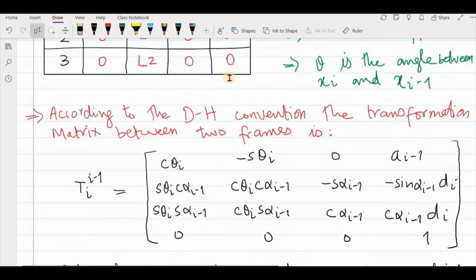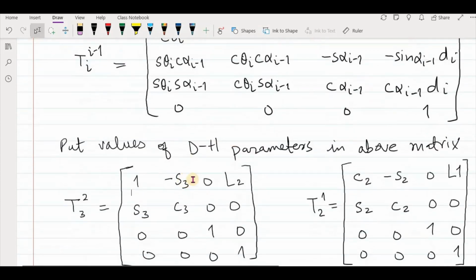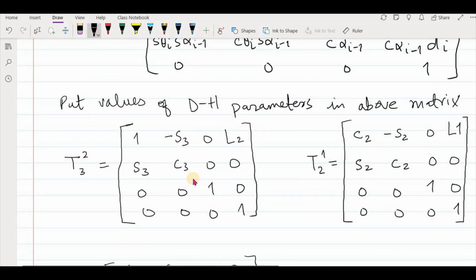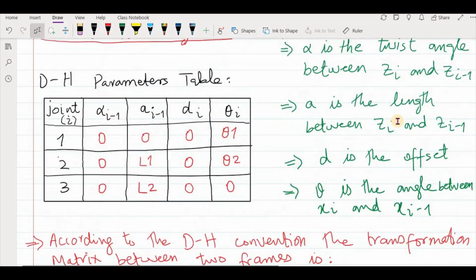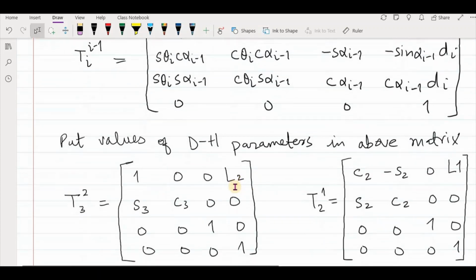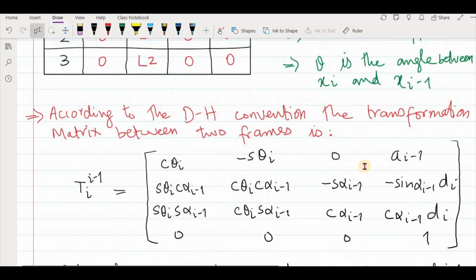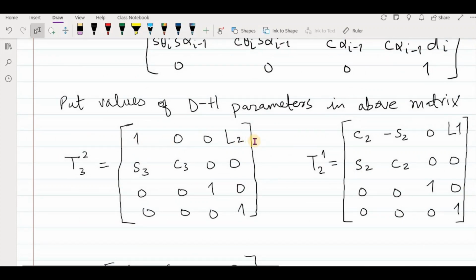Sine of angle 0 is 0, so we put here 0. And the next value will be 0, and the link length is the distance between the x-axis. We have already calculated link length is L2, so we put here L2, in this place. So our first row is complete.